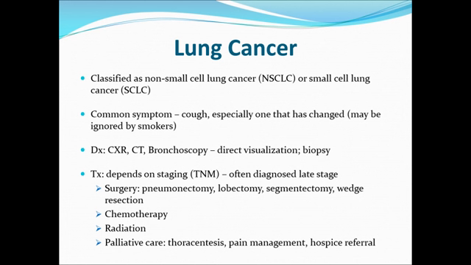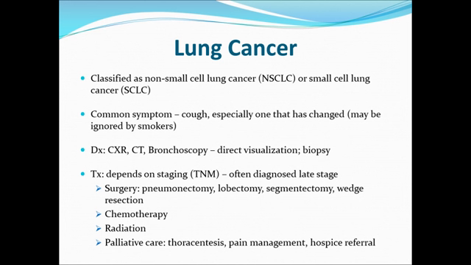So chest x-ray will show a mass, it will show a growth. The CT is probably going to show the same thing. The bronchoscopy is going to provide the direct visualization of the growth and allow for biopsy. Again, as I mentioned on the previous slide, treatment is going to depend on staging. Lung cancer is a lot of times diagnosed late stage.